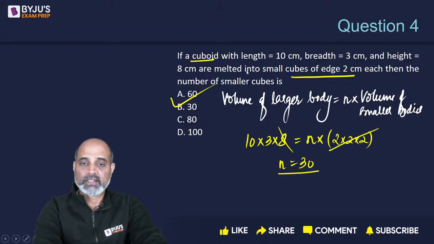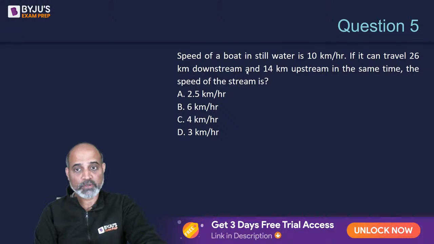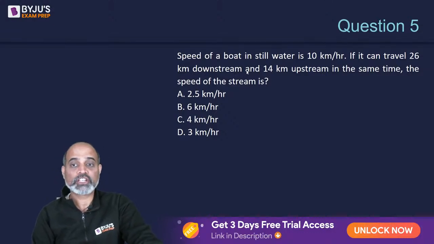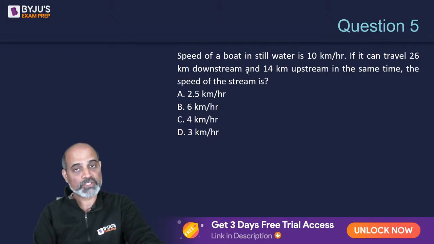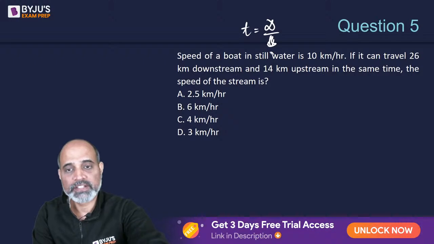Okay, next one. Speed of a boat in still water is 10 km/h. If it can travel 26 kilometers downstream and 40 kilometers upstream in the same time, the speed of the stream is. This is same as the previous formula that we have seen. Time is equal to distance upon speed.